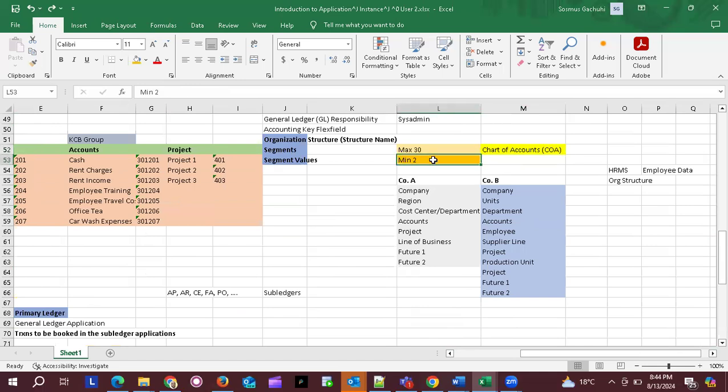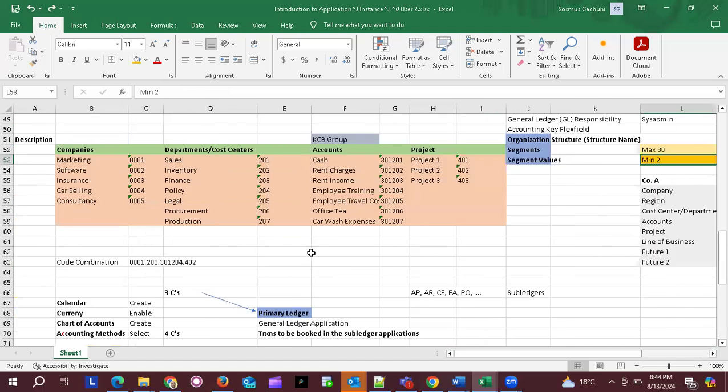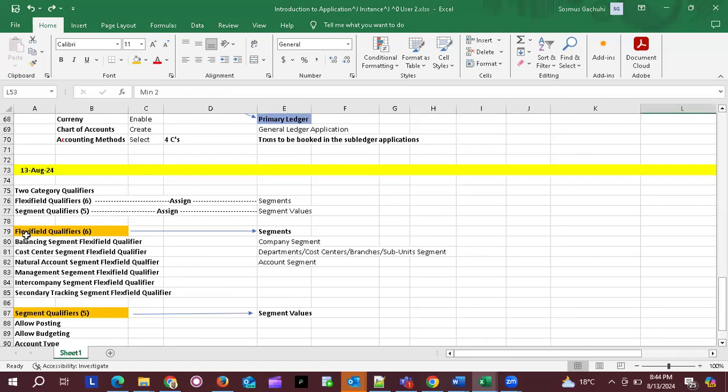So with these 2 minimum, it means you can only assign 2 Flexfield qualifiers. And mostly you might find it's maybe company and account. Assuming that the company is very small, it doesn't maybe need departments. So you find it has maybe 2 employees.